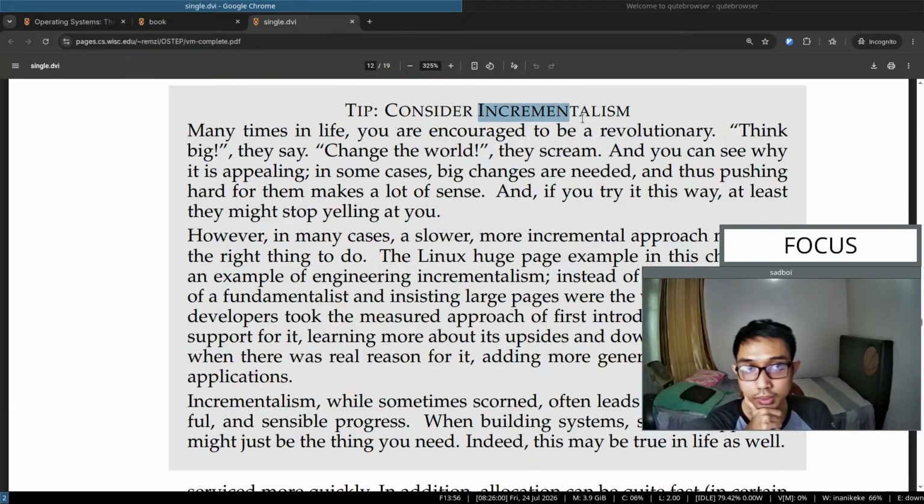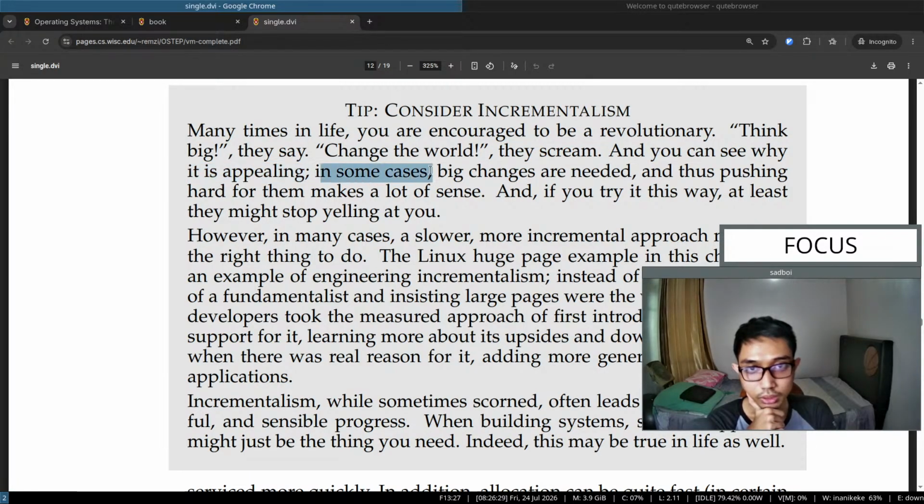Consider incrementalism. Many times in life, you are encouraged to be a revolutionary. Think big, they say. Change the world, they scream. And you can see why it is appealing.